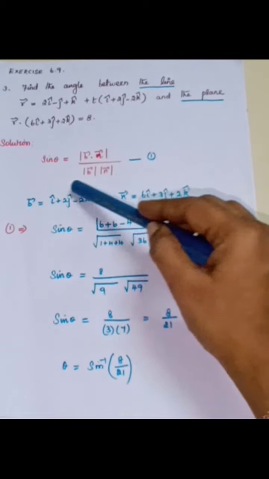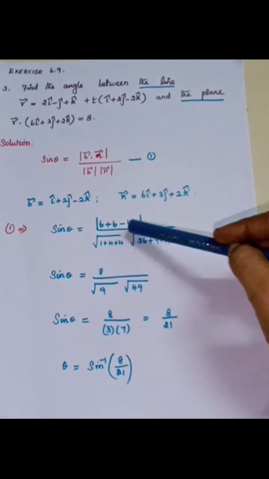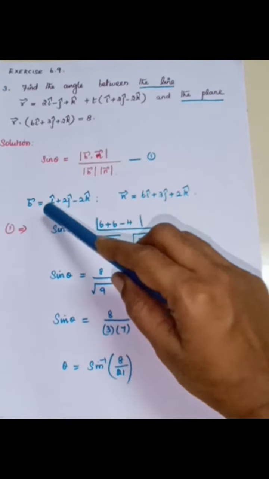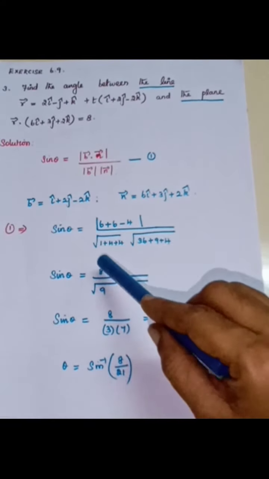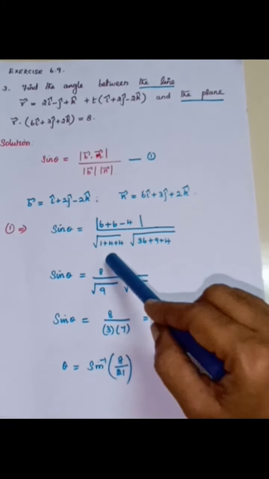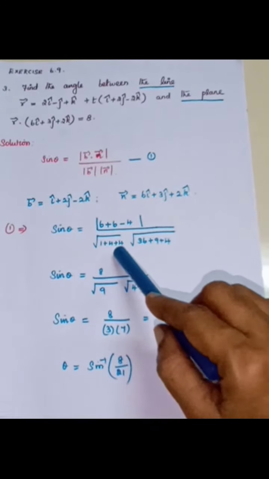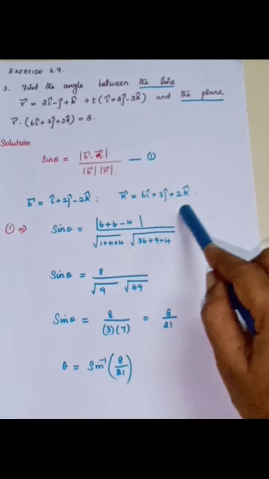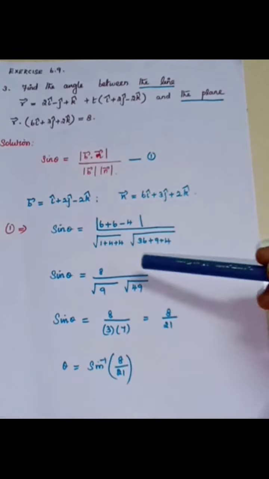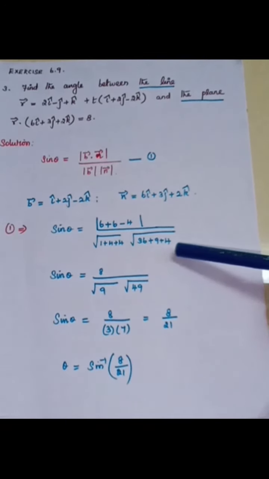How to write the modulus of this vector? It's nothing but square root of the coefficients squared. So it is 1 squared plus 2 squared is 4 plus minus 2 the whole squared is 4. In the same way, you have to take the magnitude of this vector, square root of 36 plus 9 plus 4.